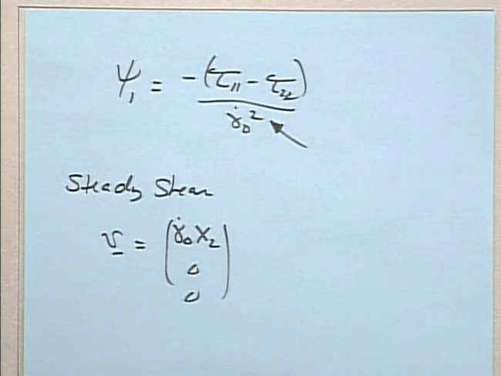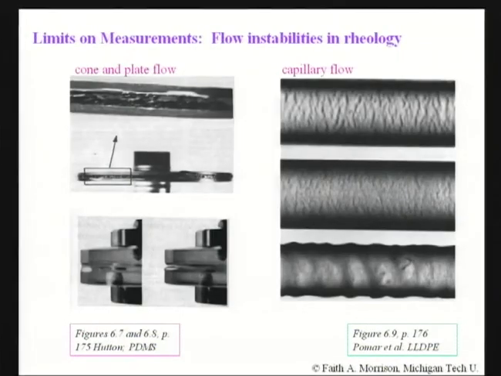So some of the things that can happen in an instrument are shown on this slide. On the left side are some very close-up pictures of cone and plate flow. Cone and plate flow is a cone that's, I'm exaggerating the cone angle here, but it would be something like this. And the sample is in the gap.